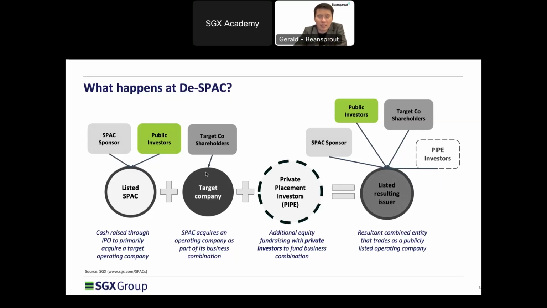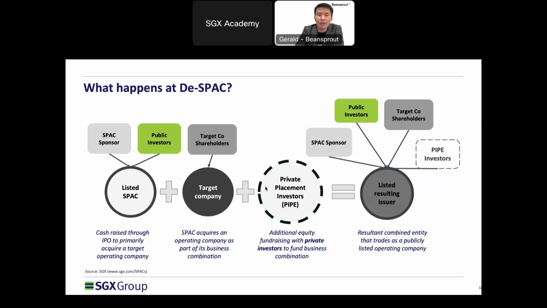Okay, so we have got this target company, and the target company will come with its own set of shareholders as well. We also have another set of shareholders that will come in, which are called PIPE investors. Remember earlier I shared that there are different ways that the holders of the SPAC shares can potentially be diluted. And one of it is actually through these PIPE investors, which is additional equity fundraising with private investors to fund the business combination.